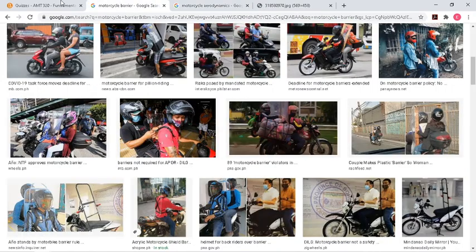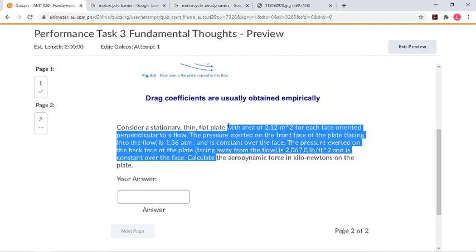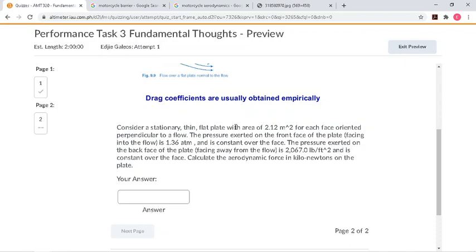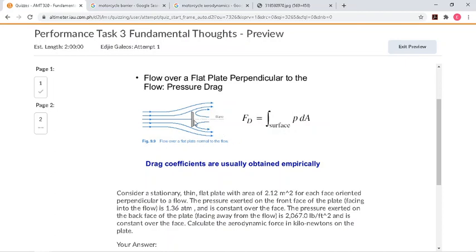Okay, so going back to our problem, consider a stationary thin flat plate with an area of 2.12 square meters. So this is a very big plate, with each face oriented perpendicular to the flow.